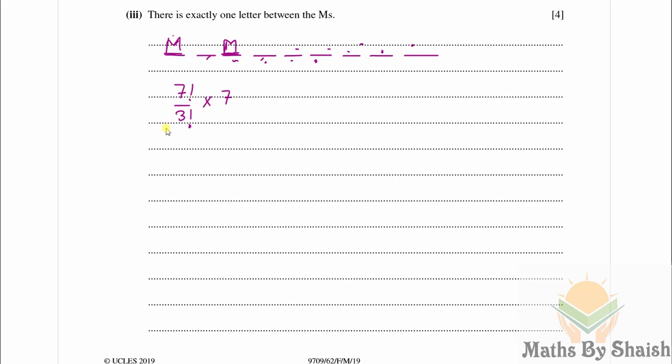So I guess it is okay, and the answer is going to be 7 factorial upon 3 factorial, so 7 into 6 into 5 into 4, and 3 factorial cancels, into 7, and the whole we calculate is 5880 ways of arrangement where there is exactly one letter between the M's. So let's do the next question.